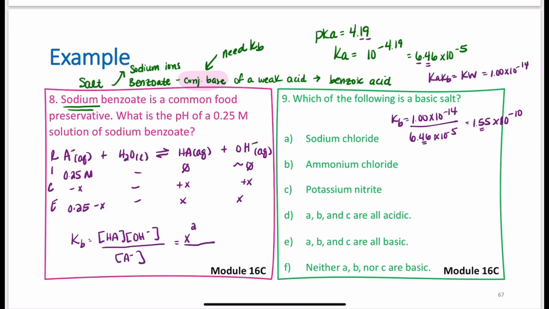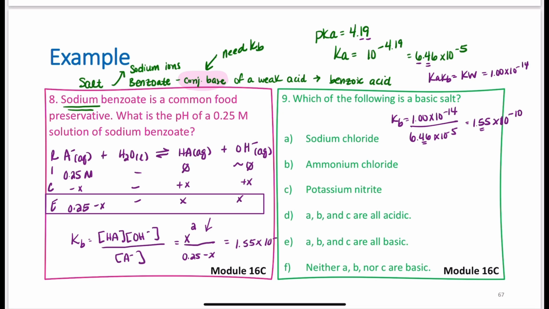This gives me x squared over 0.25 minus x based on my equilibrium expression here. So I just plug these values in to here. And this is equal to 1.55 times 10 to the negative 10.